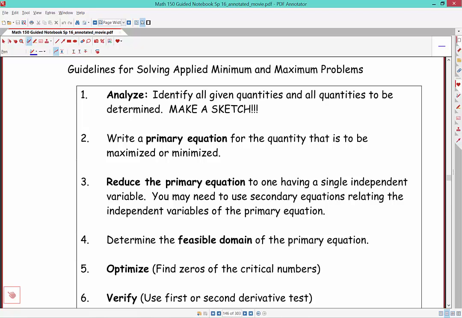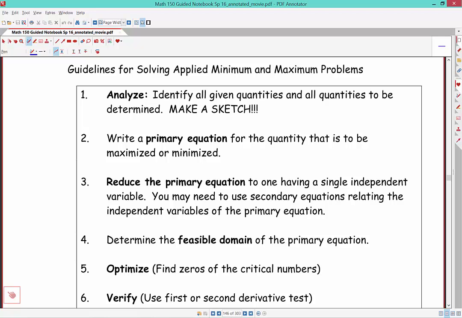Here we go. Step 1, analyze. Make a sketch if possible. A picture is worth 1,000 words. Write down what you know and what you need to find, and oftentimes that will loosen something up in your brain, and you'll remember something else and something else, and before you know it, the problem will be finished.